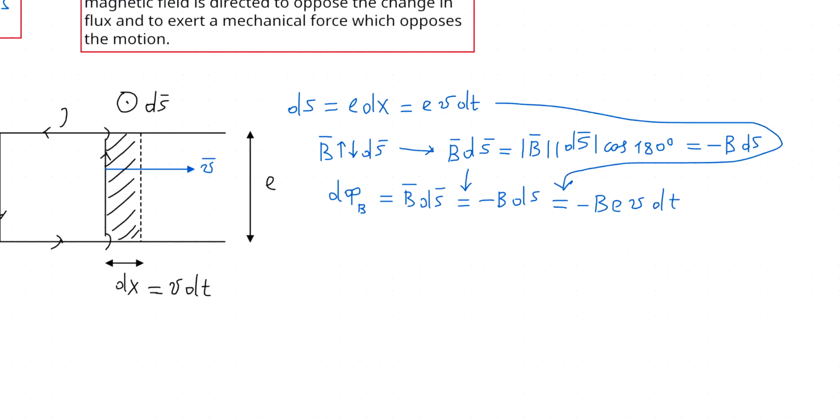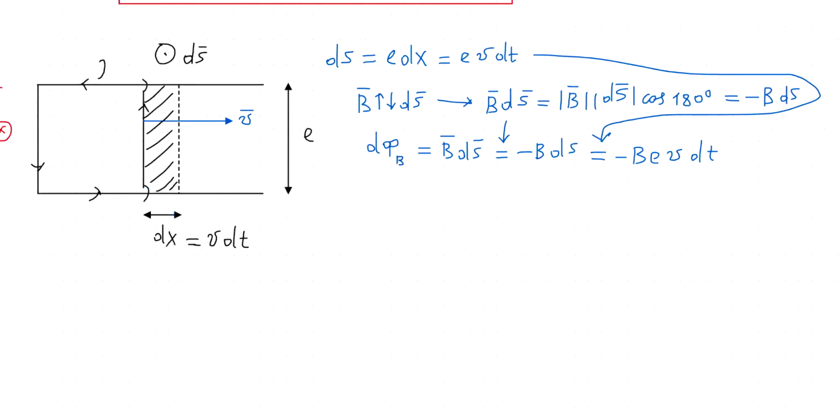And from here we can define that derivative of magnetic flux with respect to time is equal to minus B L v.